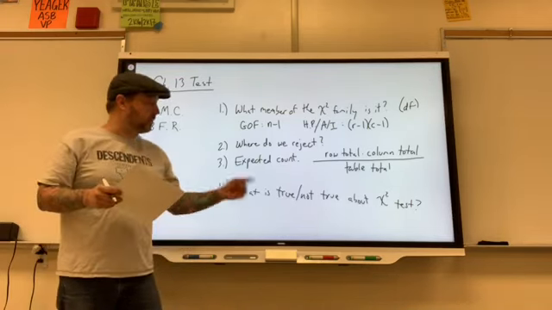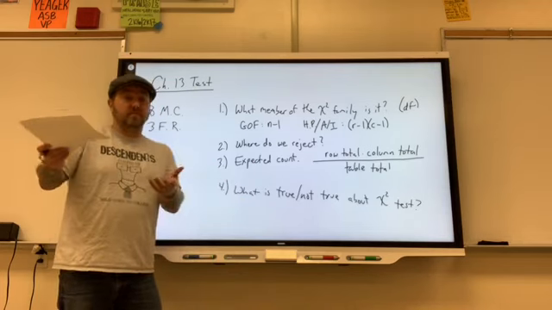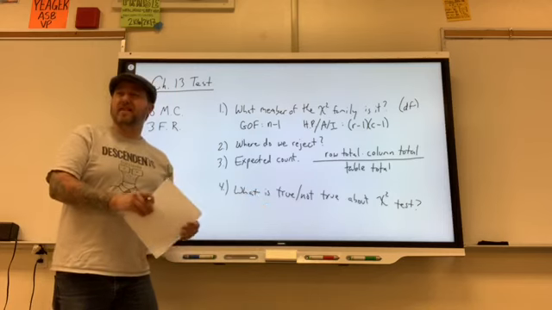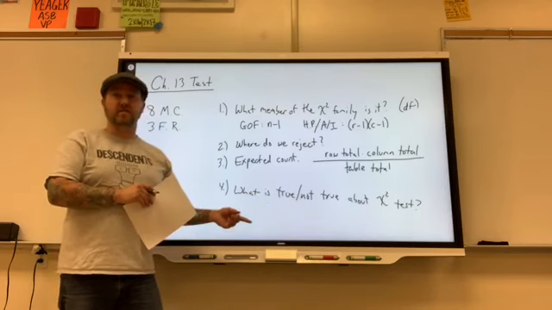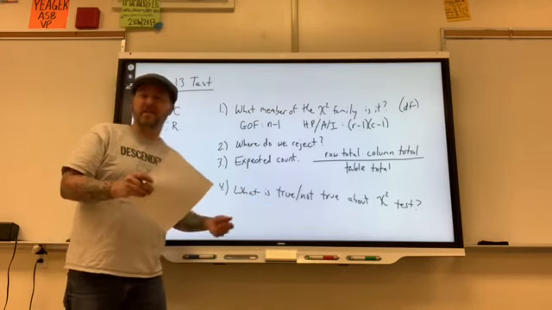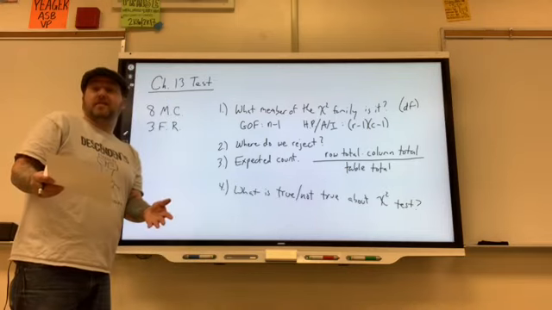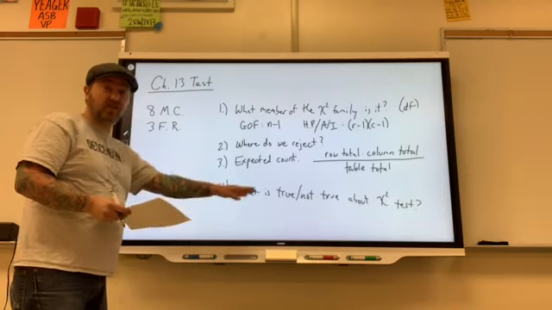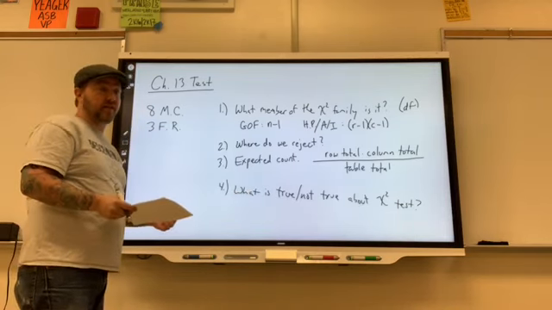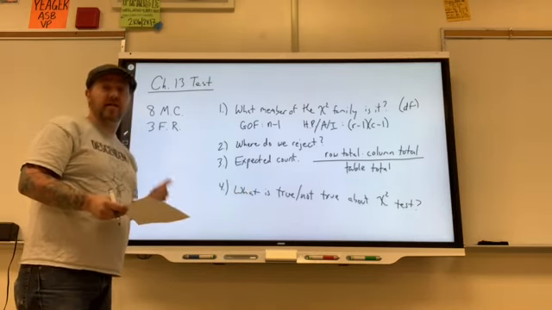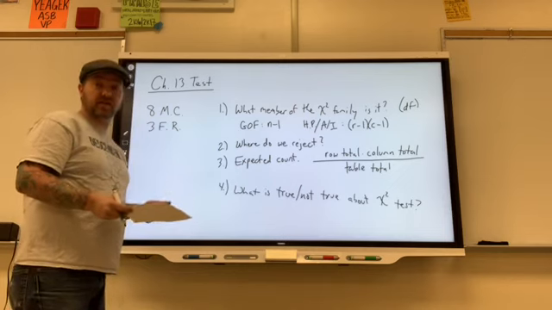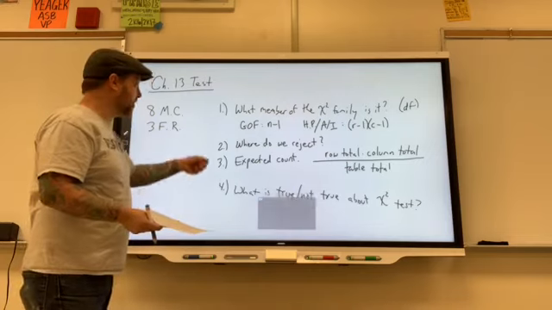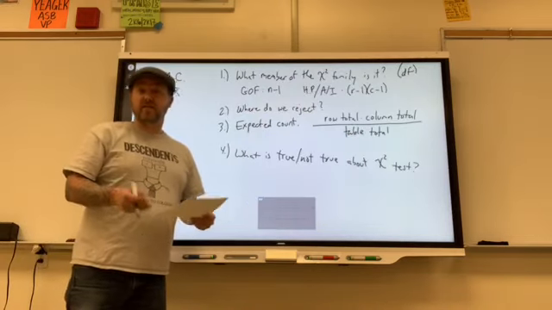I could ask you about the conditions. I could ask you, do we have a chi-square confidence interval? No, that wouldn't make any sense. Okay, I could ask you that. Who knows? Just things about the chi-square test. What's true, what's not. You should definitely know what your hypotheses are going to be. You should definitely know what your conditions are. You should definitely know how to find each component of the chi-square test.